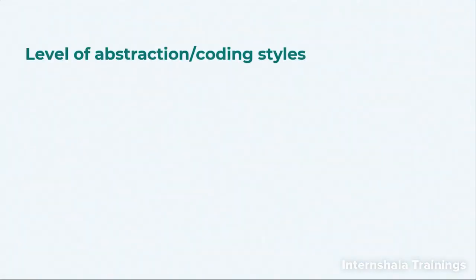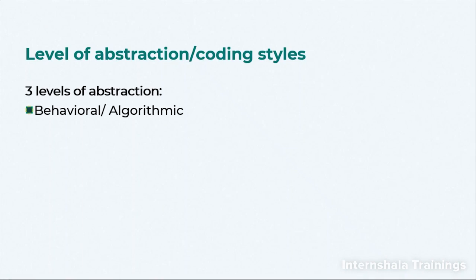So first of all, we need to talk about the level of abstraction and the coding styles. We had discussed that there are three levels of abstraction: behavioral, Dataflow and gate level. There was one more which is switch level, but we said we are not using it in the front end. So we have three levels.